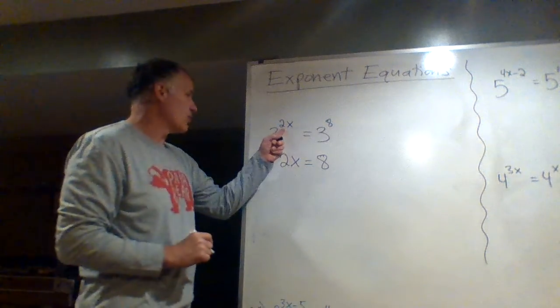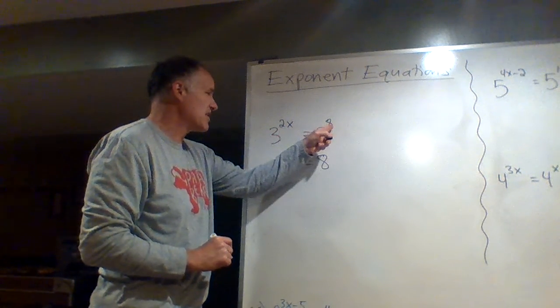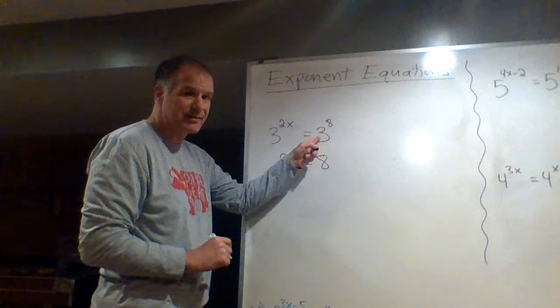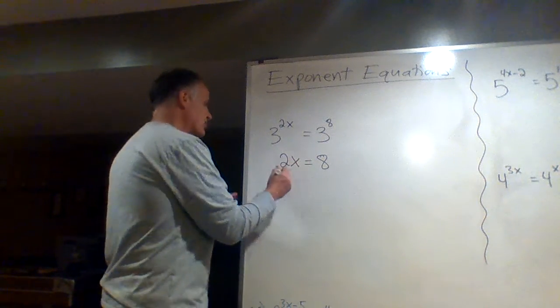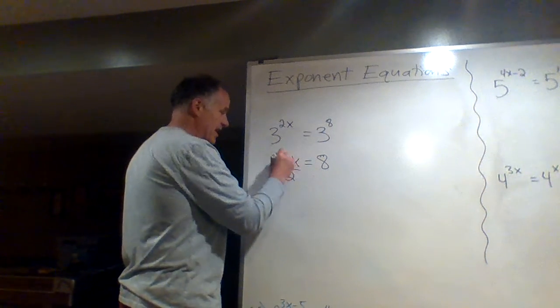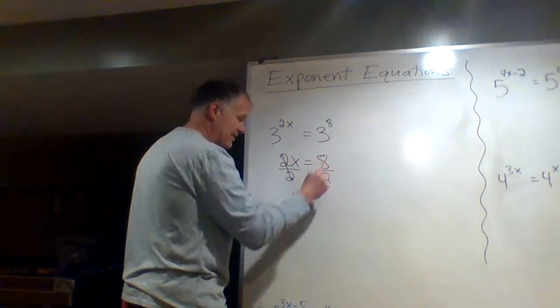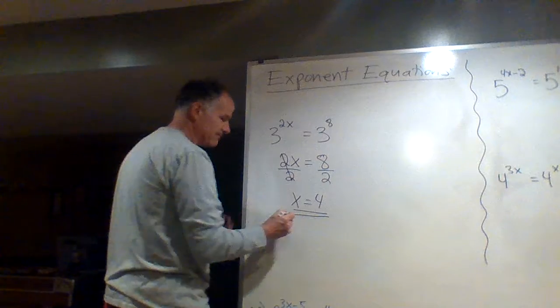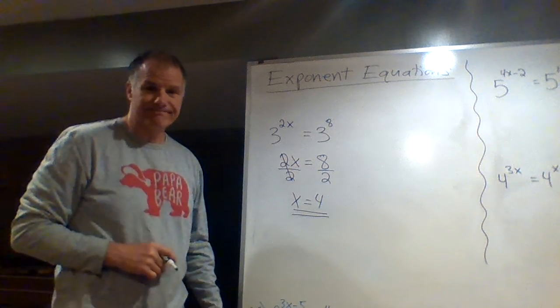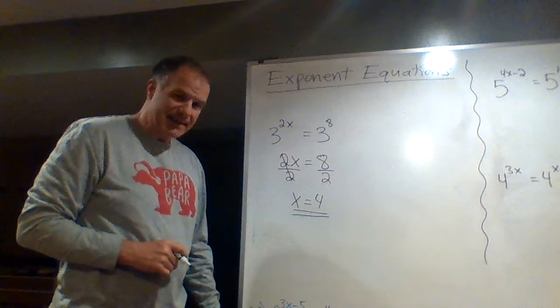So this exponent on the same base has to be equal to this exponent on the same base. Now again, super easy because boom, divide away the 2, divide away the 2, 8 divided by 2, 4. There's our answer.